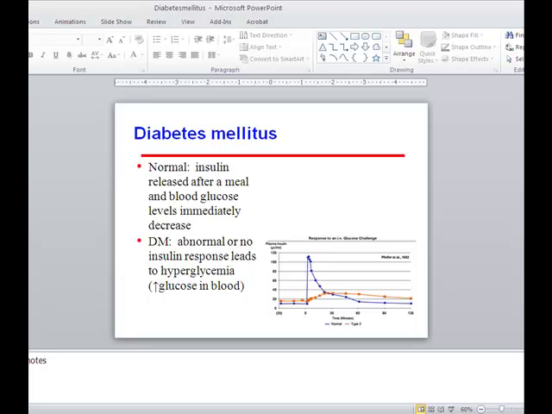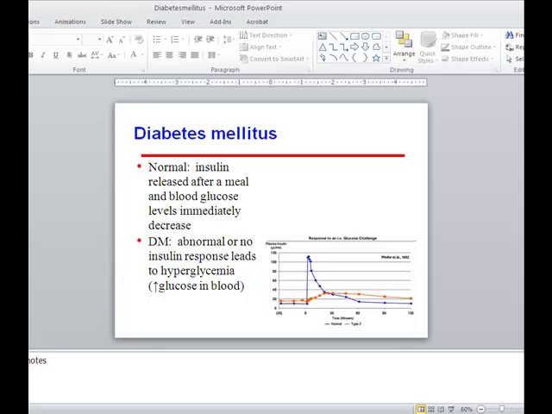Okay? So in patients with diabetes mellitus, there is either an abnormal or no insulin response following increased glucose after a meal, and that results in hyperglycemia.